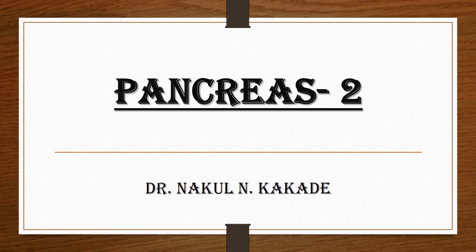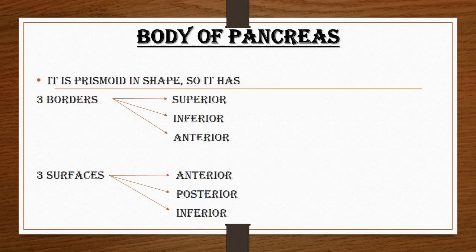Today we'll go further. The next part of the pancreas is the body of the pancreas. The body of the pancreas is prismoid in shape and presents three surfaces and three borders.